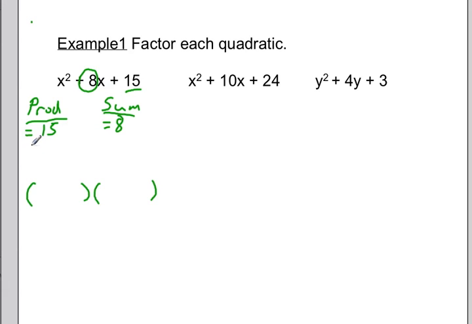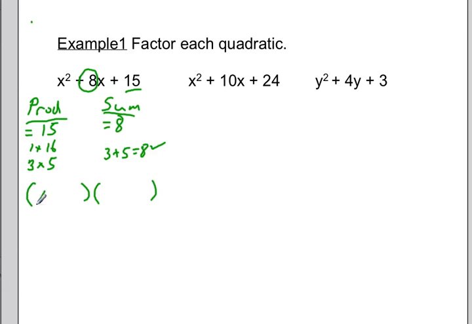You could try 1 times 15, but obviously those are not going to add up to give you 8. The next one you could try is 3 times 5. And 3 plus 5 does equal 8. So it looks like 3 and 5 are our numbers.